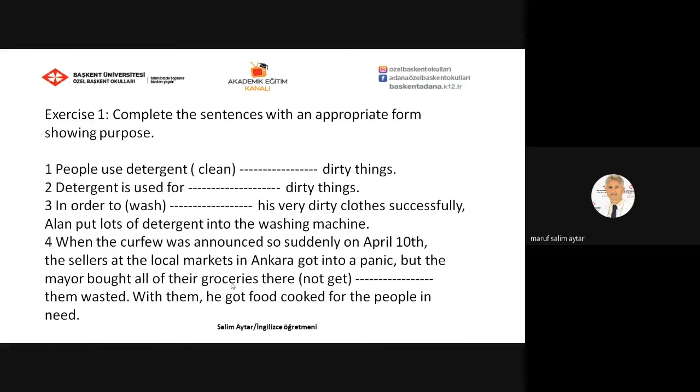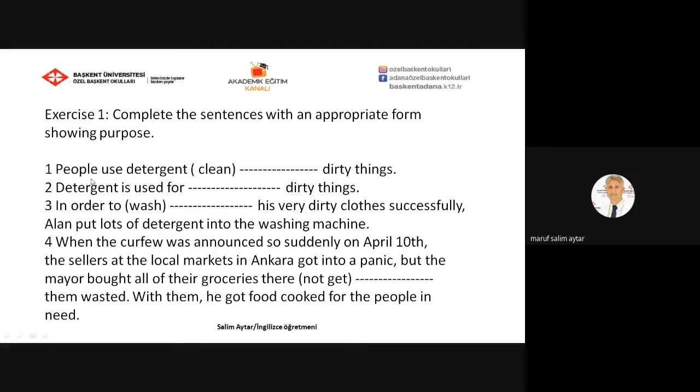Now we've got our first exercise on the screen for us. Can you please complete the sentences with an appropriate form showing purpose? So in the first one, people use detergent for which purpose?